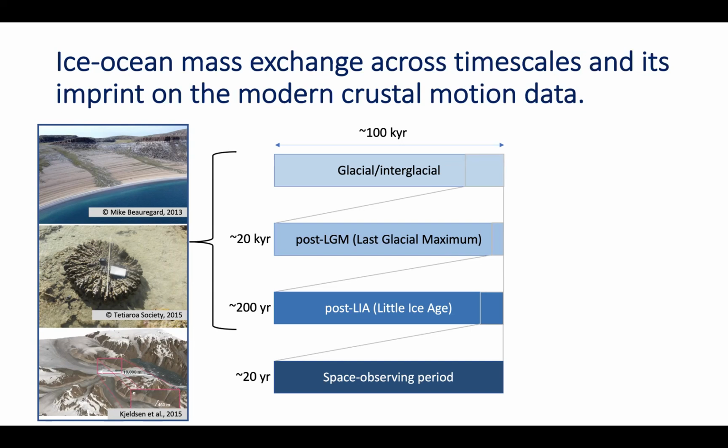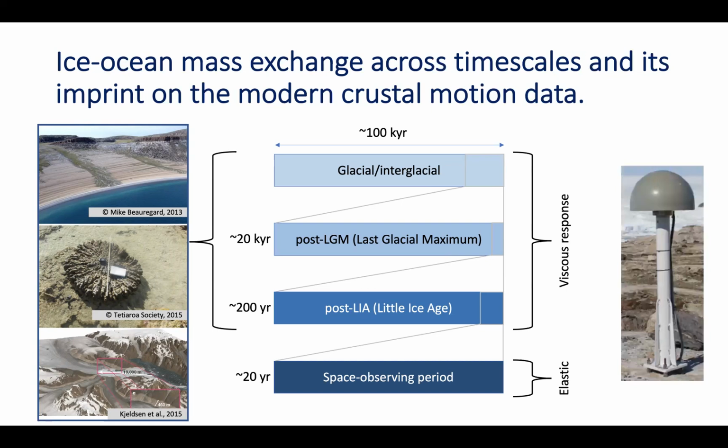And here, what is really relevant is that this ice ocean mass exchange across time scales should have some contribution to the GNSS data. And in fact, the GNSS data should have measured the elastic response of the Earth to the contemporary surface mass changes, which is really constrained by the satellite remote sensing data and airborne altimetry and so forth.